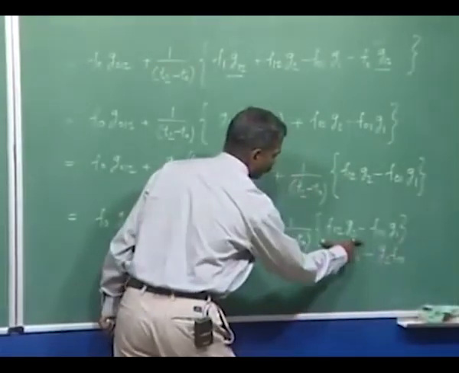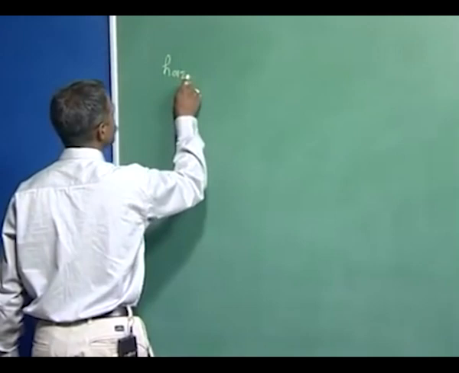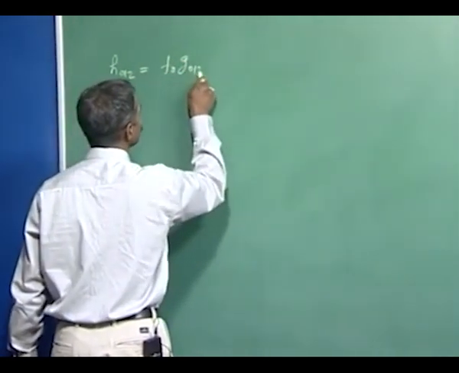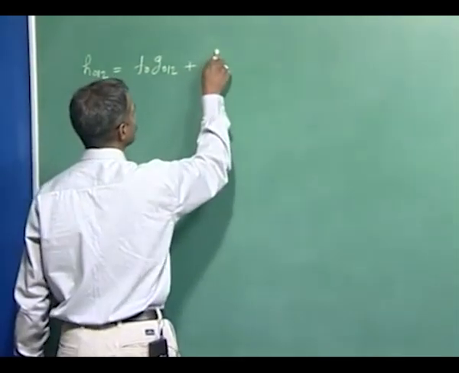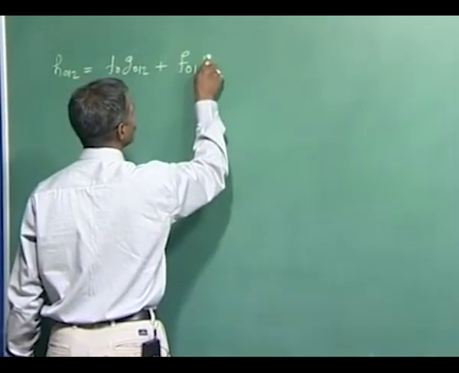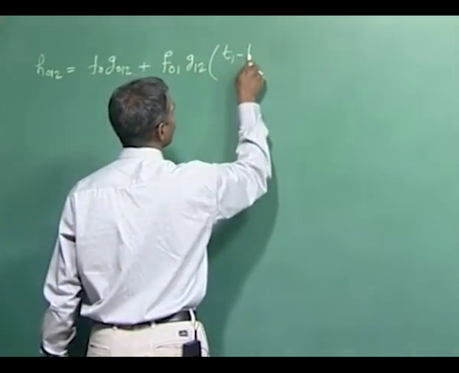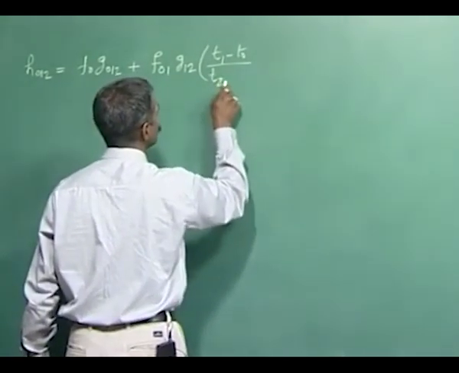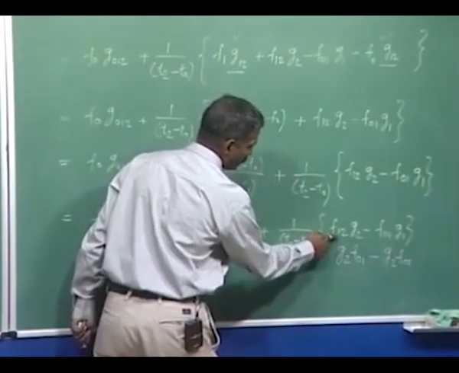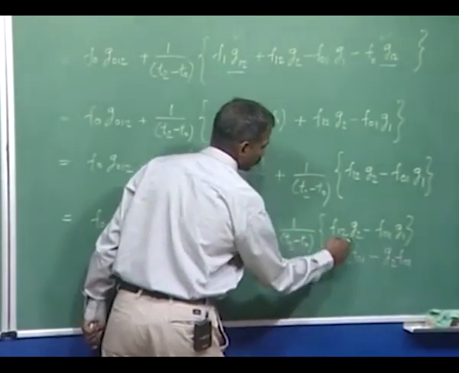These two terms are within these parentheses. So H012 equals F0 G012 plus F01 G12 times T1 minus T0 over T2 minus T0 plus, let me combine this term and this term. What would this give me?